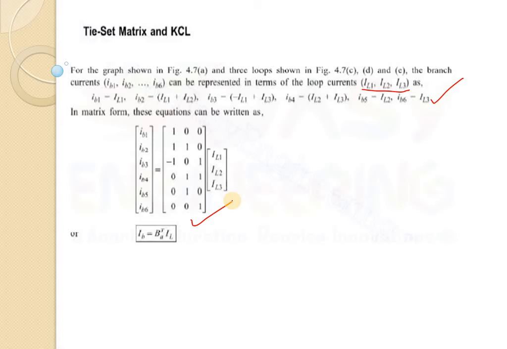That is IB1, IB2, IB3, IB4, IB5, IB6 equals the transpose of the incidence matrix into IL1, IL2 and IL3. That means branch current IB equals BA transpose IL. So in that way we can form the tie-set matrix and Kirchhoff's current law equations.